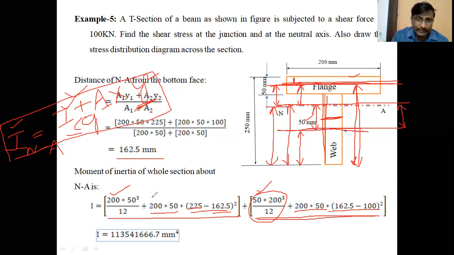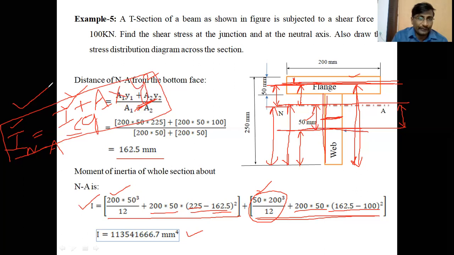Therefore, by summing these two values, the flange and web combined together are called the T section. Therefore, the moment of inertia about the neutral axis of the whole section is 11,354,166.7 mm power 4. That is the moment of inertia of the T section. Dear students, you have to remember this parallel axis theorem.